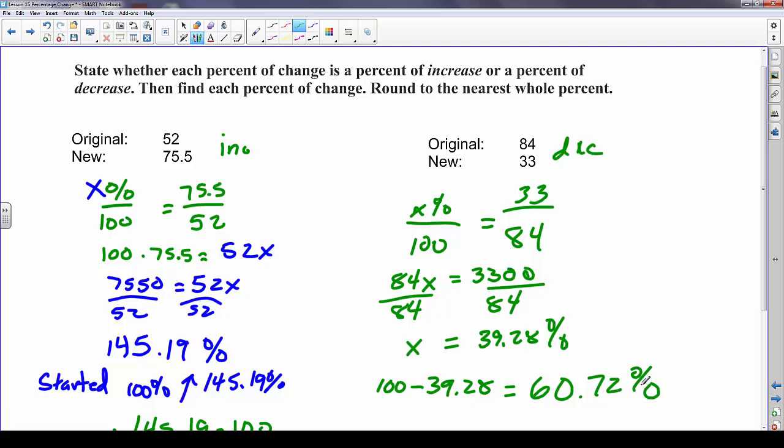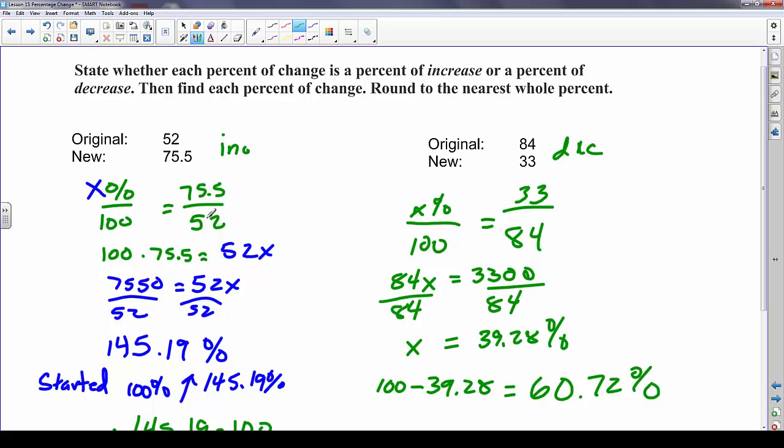And let's just look at both of these. In this case here, I dropped more than half from 84 to 33. So I should be dropping more than 50%. In this case, I certainly didn't double. Doubling means you increase by 100%.